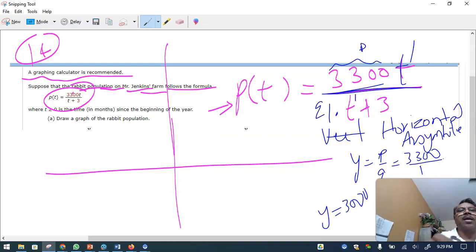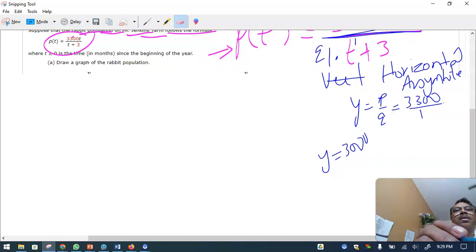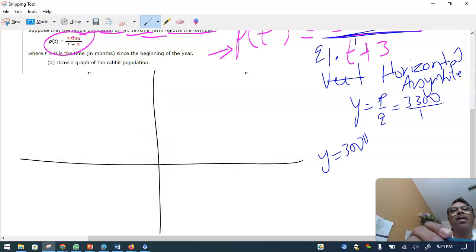So if I want to graph this, let me take this off, and we can put the x-axis and the y-axis. Let's see, this is 3300, so I'll put this here.